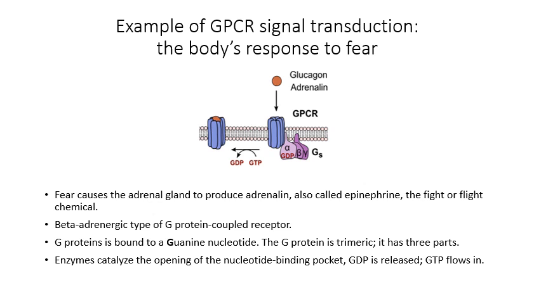When the adrenaline binds with the receptor, there is a change, a conformational change in shape. And that change in shape has an effect on the G protein. There's enzymes that catalyze the opening of the nucleotide binding pocket in the G protein, and the GDP is released, and GTP flows in from the cytoplasm.